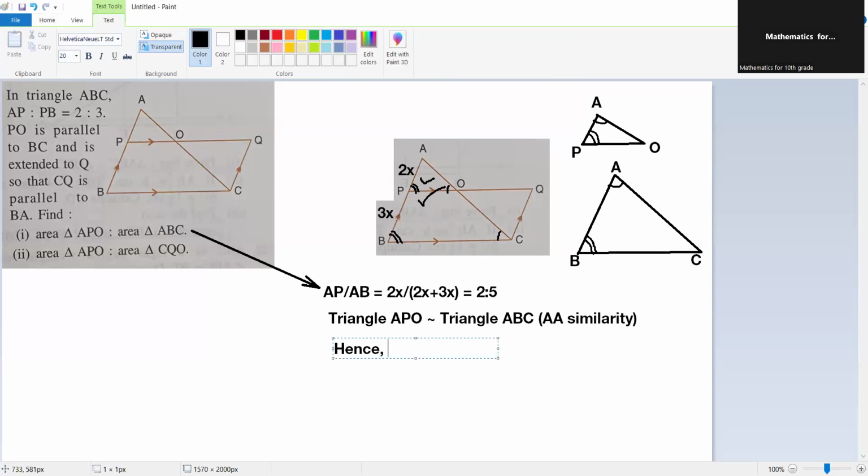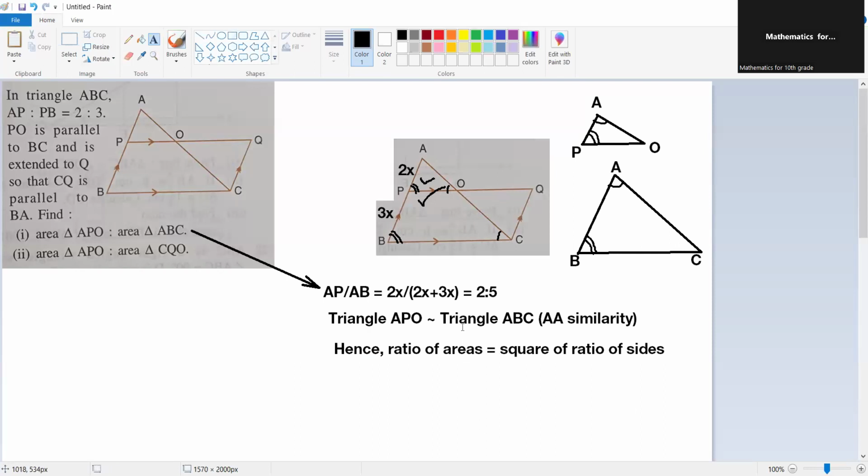Hence, ratio of areas is equal to square of ratio of sides. Ratio of areas of these two triangles. So the area of triangle APO is to area of triangle ABC.